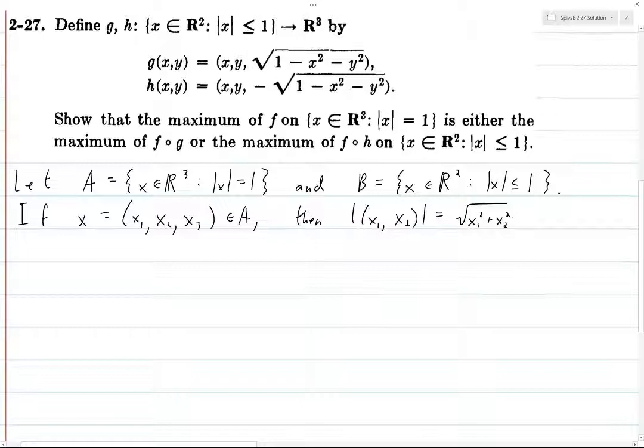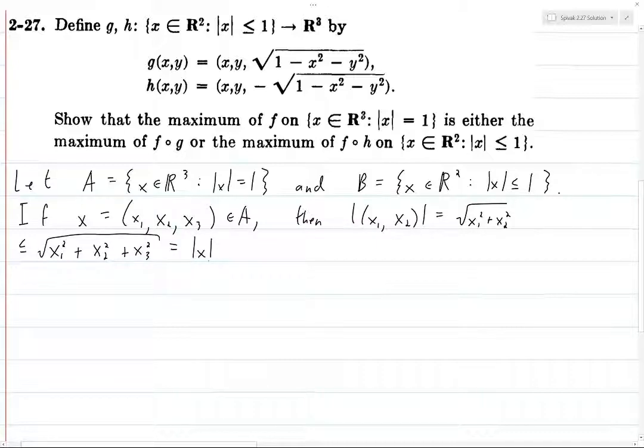And if you add something to that, it's going to get bigger. So it's less than or equal to this thing. This is just the norm of the vector x.